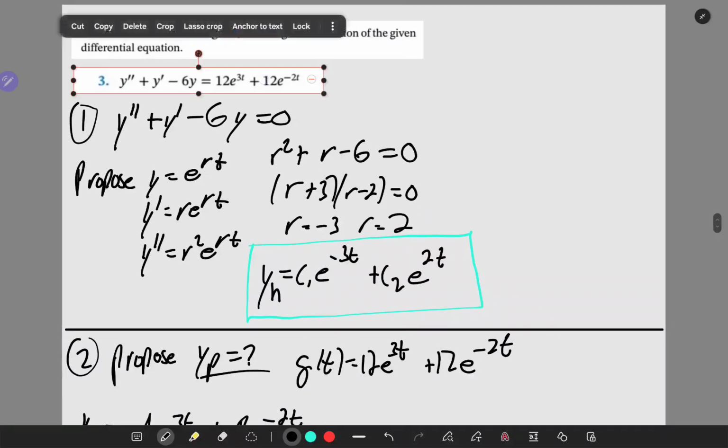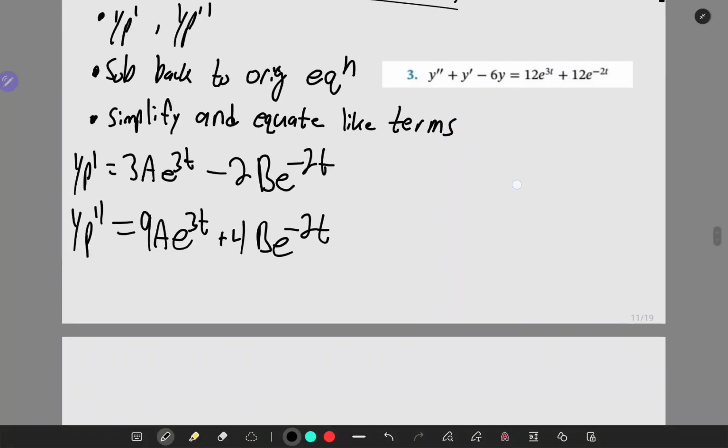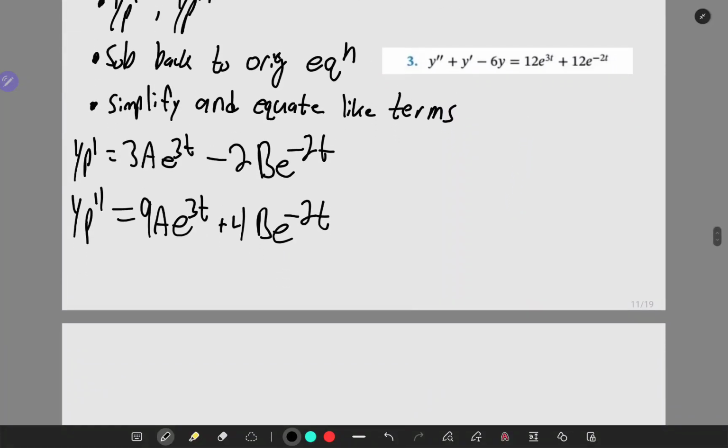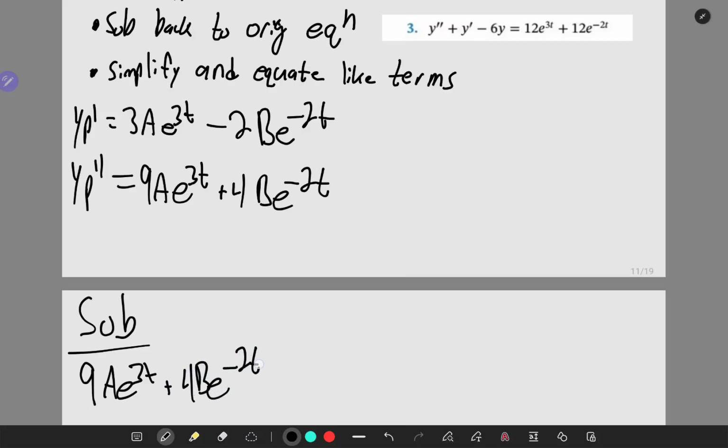So let me go ahead and copy this. We have y double prime, so I'm going to go down here. Substitute 9a e to the 3t plus 4b e to the negative 2t, plus y prime, 3a e to the 3t minus 2b e to the minus 2t, minus 6y.